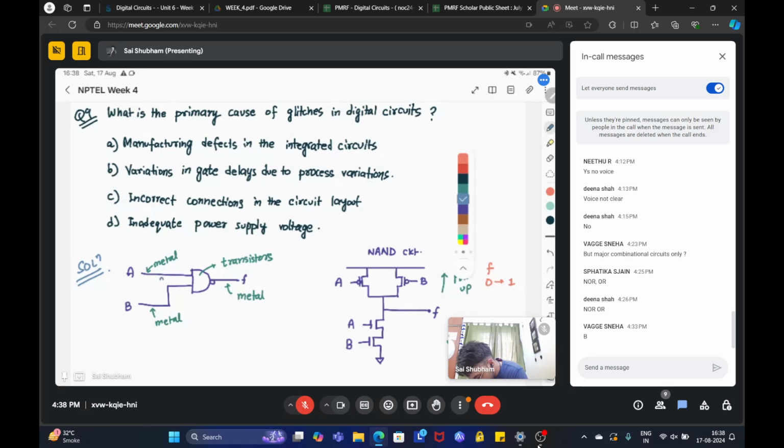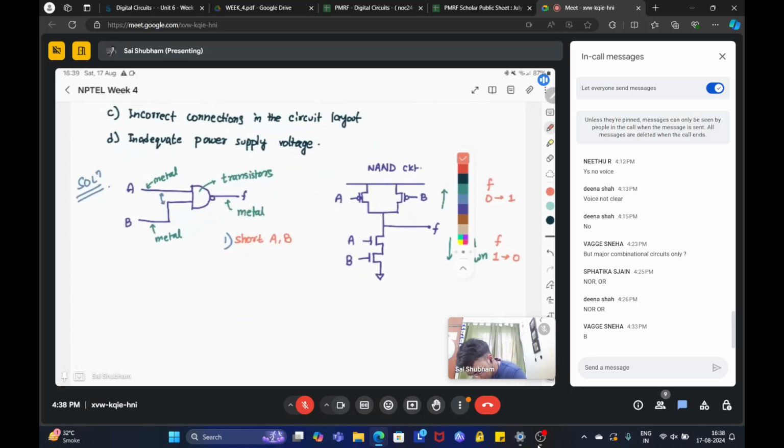these two wires, these are metal wires, right? So they can get shorted. Okay. So first is that A and B are shorted. When the metal line is shorted, what will happen? We will get a false output. Okay. What is the second possibility? The second possibility is that A or B, anyone can get grounded.